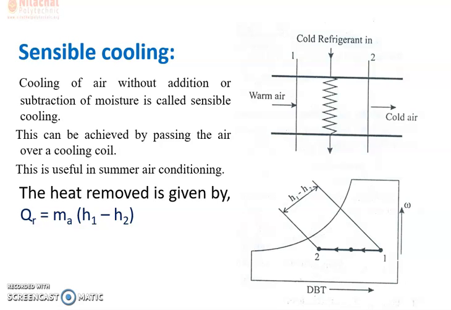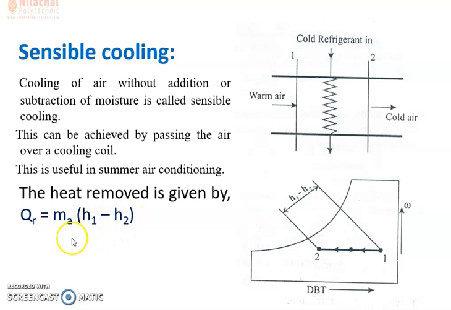Here the specific humidity remains constant, that is W1 is equal to W2, and the dry bulb temperature reduces from TD1 to TD2. The relative humidity increases from phi1 to phi2. The amount of heat rejected during sensible cooling we can obtain from this relation: QR, the amount of heat rejected, is mass into H1 minus H2.